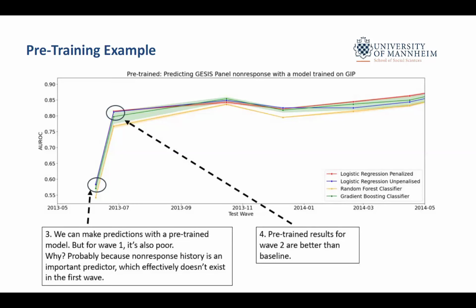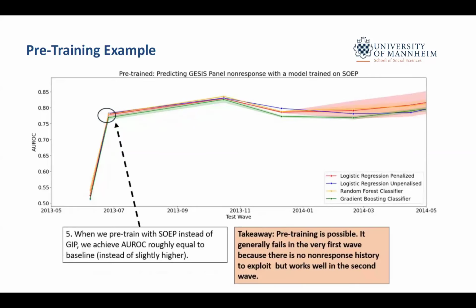However, the choice of what panel you use as your pre-training data matters. So this is what would happen if we had done it with data from the SOEP panel, which started in 1984 or 85. I'm sorry, I don't remember which one.